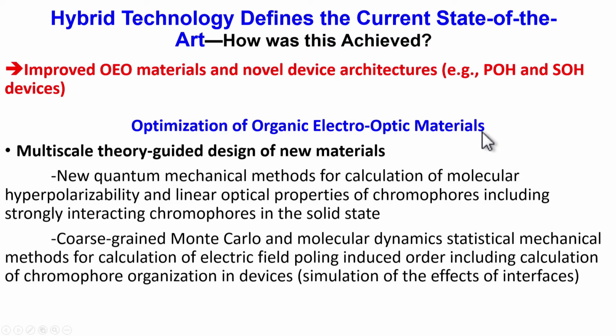There are a lot of new concepts that have come out of theory-guided design. And there are two aspects to theory-guided design. One is the use of quantum mechanical methods to actually improve calculations of hyperpolarizability, including strongly interacting chromophores at high number density in the solid state.